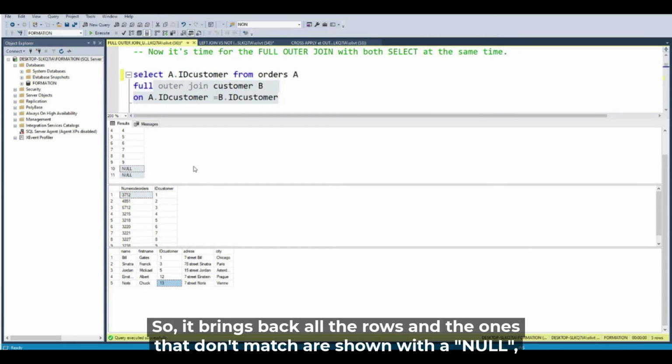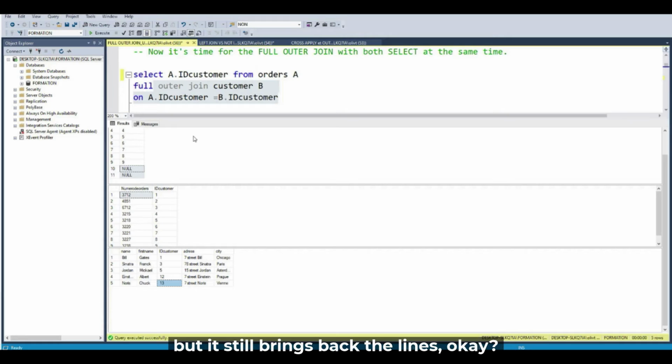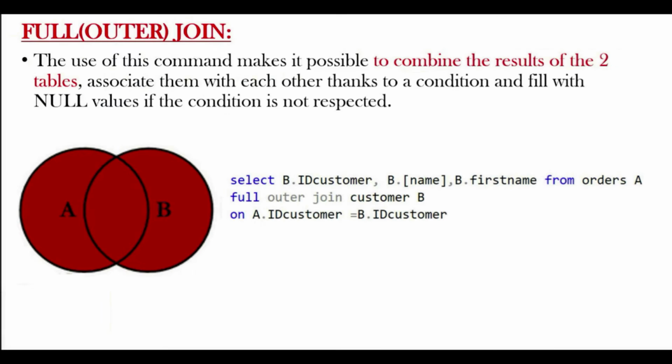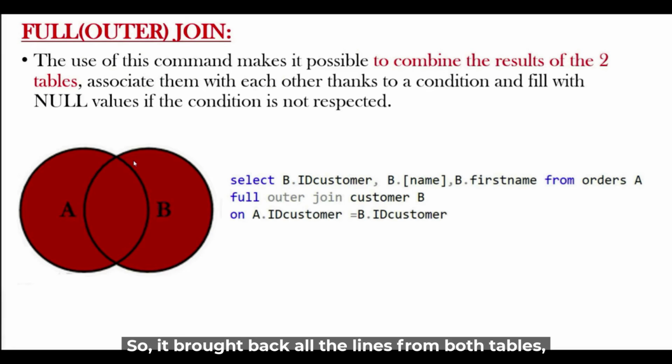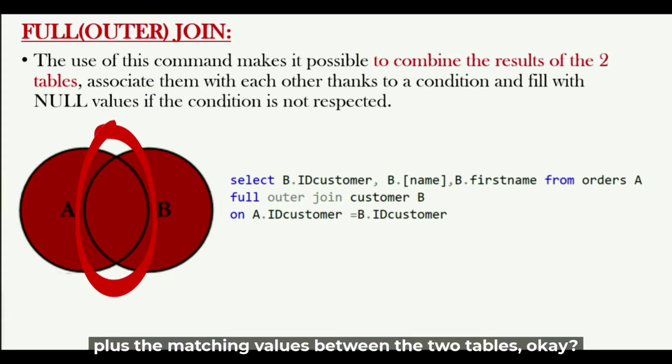Okay, so it brings back all the rows, and the ones that don't match are shown with null, but it still brings back the name. So it matches this diagram. It brought back all the lines from both tables plus the matching values between the 2 tables.